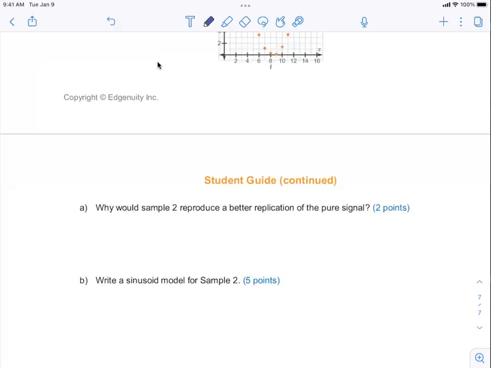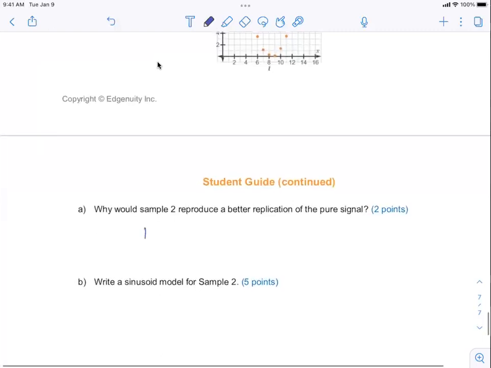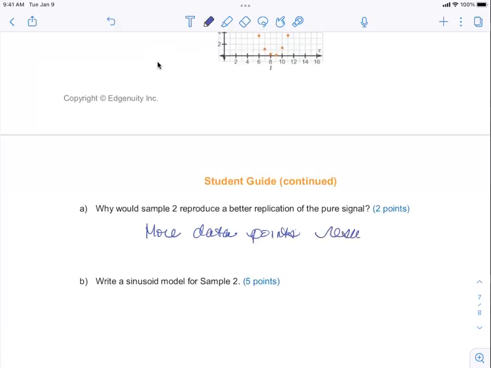And I know pixels don't even happen anymore. So for this one, we could say more data points result in a better model. However you want to word that, but the big idea is you have more data points.